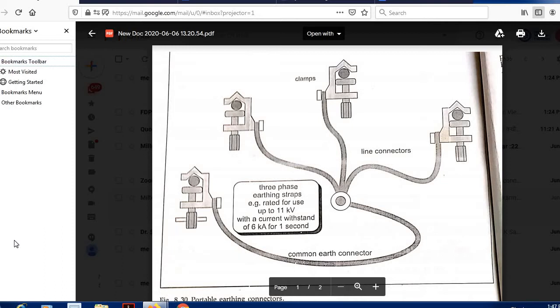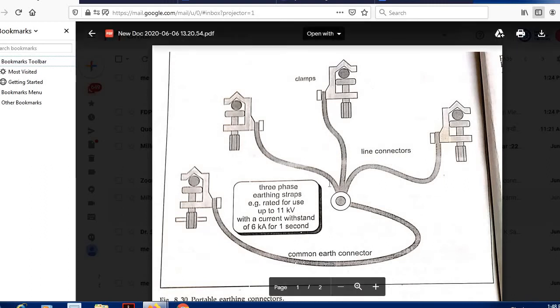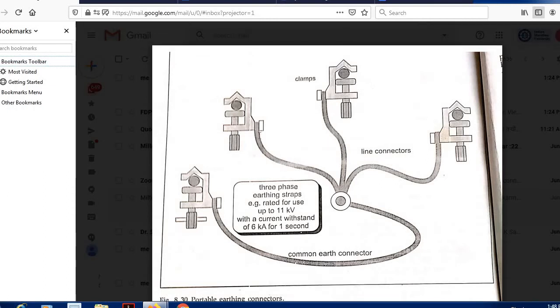Once the circuit is dead, then you use the local earthing strap. See in the diagram, this is your local earthing strap. It has 4 earthing strap connections, the line connectors, and this is a common earth connector. So this is connected to the ship's hull. The sequence is, after ensuring the circuit is dead through the live line detector, you put this strap to the ship's hull, and then one strap to one phase.